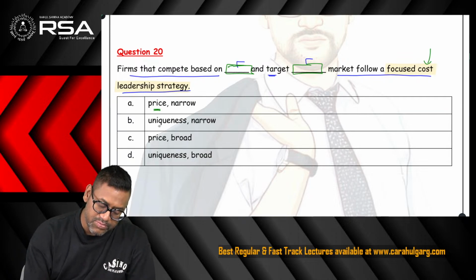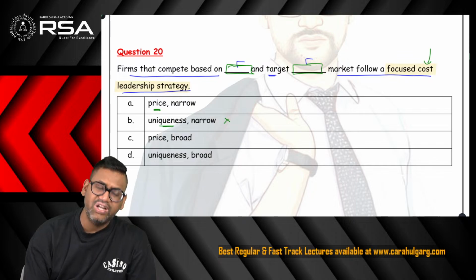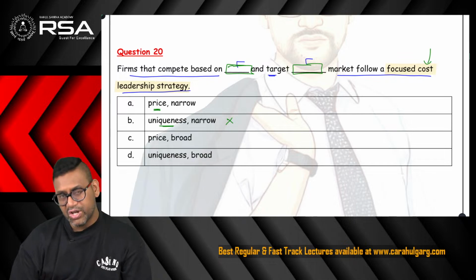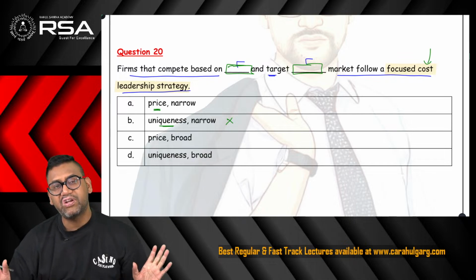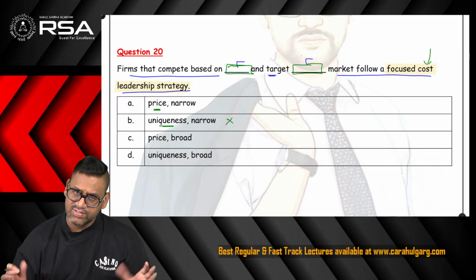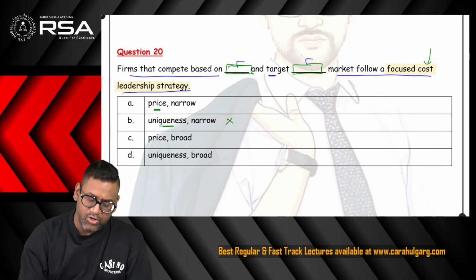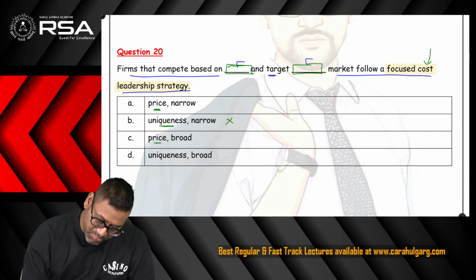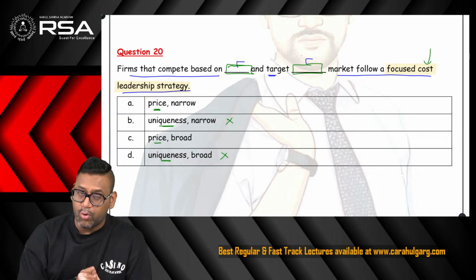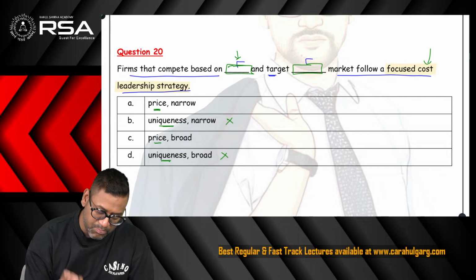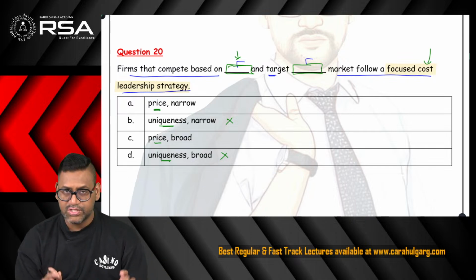Second option says firms that compete based on uniqueness. No, that would be a differentiation strategy. Cost leadership organizations don't say that my product is unique. They may say that our product is the same, but yes, our price is competitive as compared to others. So the second option is wrong. Similarly, the third option may be correct, but the fourth option is absolutely wrong. So with respect to the first blank, we know that A or C is the correct answer.